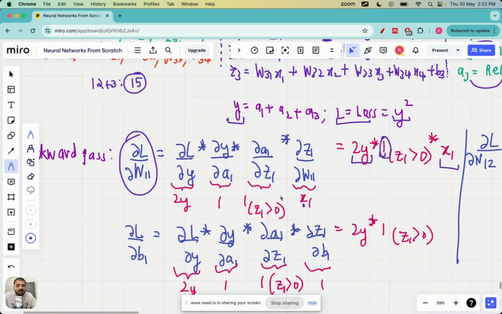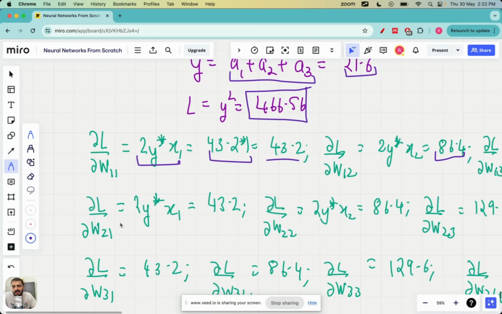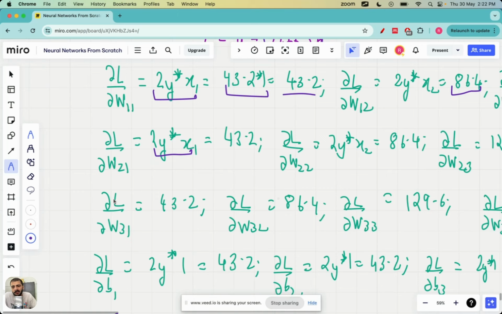So the only thing which will survive is again the inputs x1, x2, x3 or x4. So it turns out the partial derivative of L with respect to W21 is also 2y into x1, and in fact the partial derivative of L with respect to W31 is also 2y into x1.